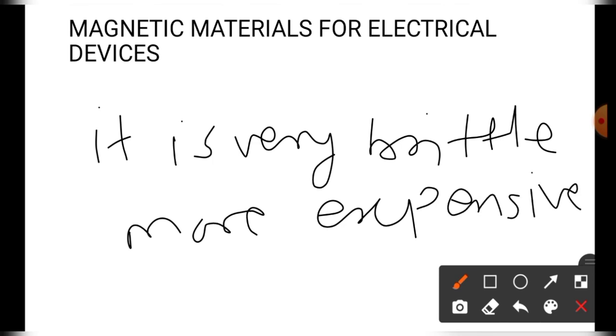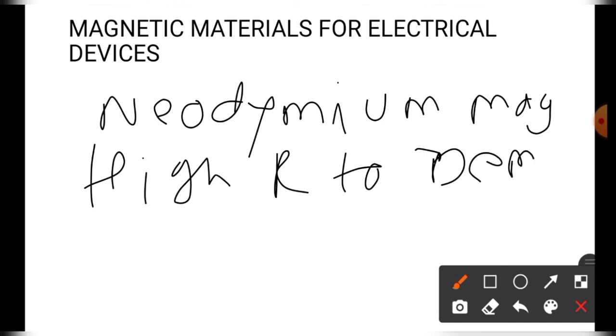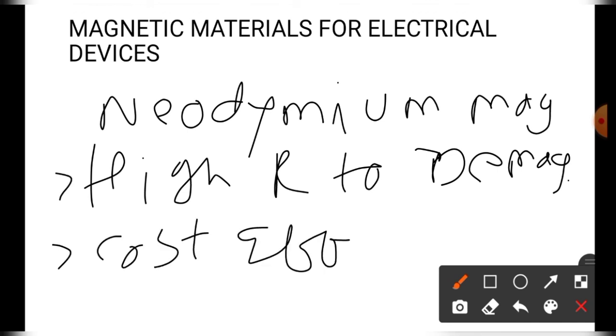Next type is the neodymium magnet. It is the strongest magnetic material. Advantage of the neodymium magnet is high resistance to demagnetization. And second advantage is it is cost effective.